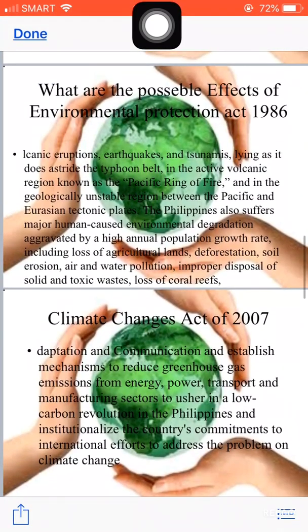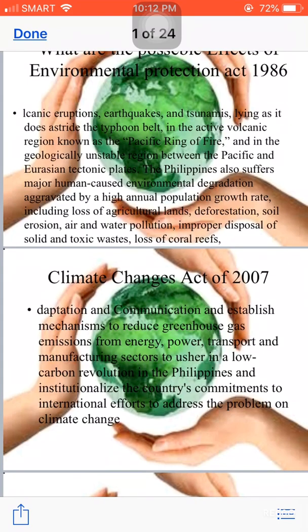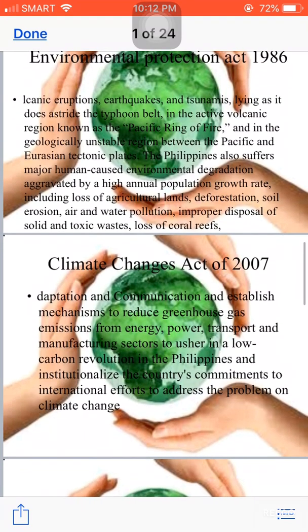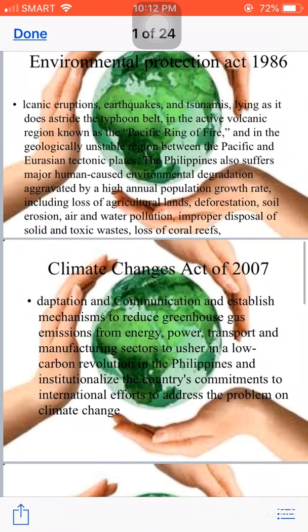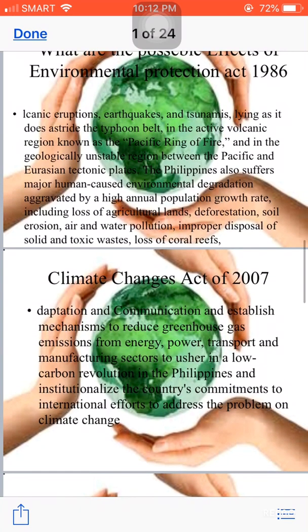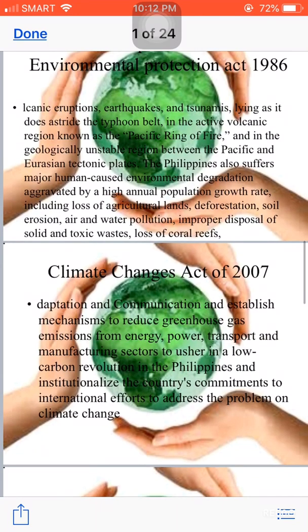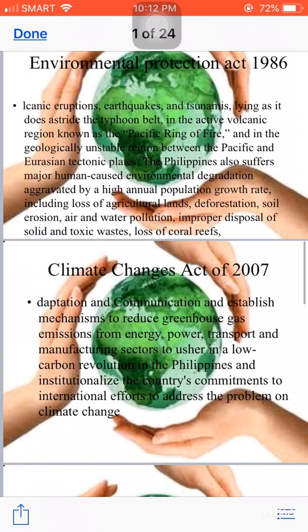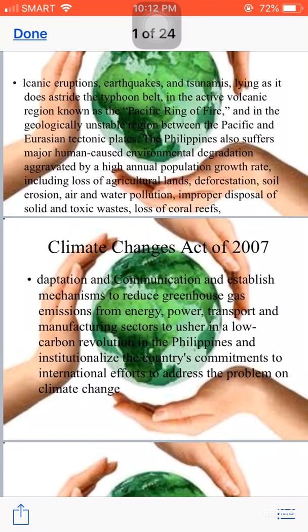What are the possible effects of the Environmental Protection Act 1986? Volcanic eruptions, earthquakes, and tsunamis lie astride the typhoon belt, in the active volcanic region known as the Pacific Ring of Fire, a geologically unstable region between the Pacific and Eurasian tectonic plates.